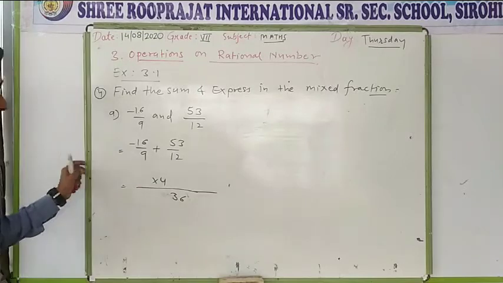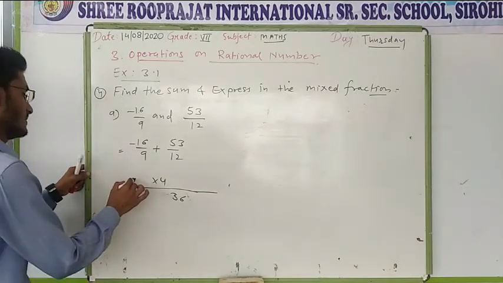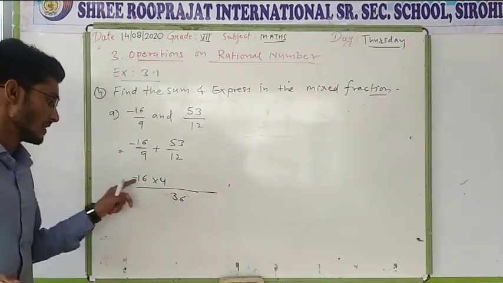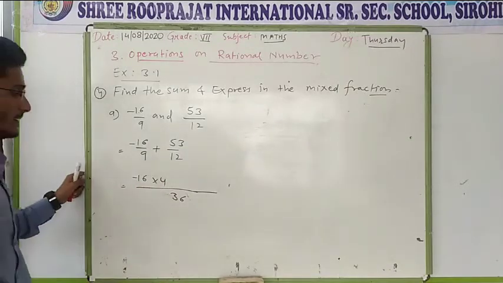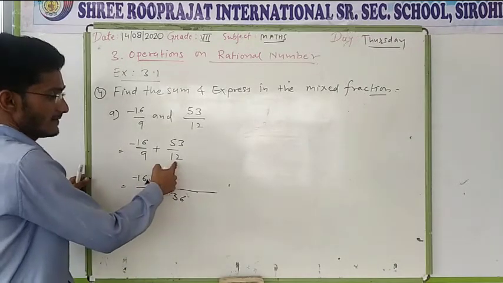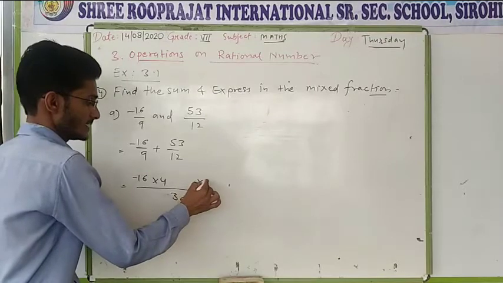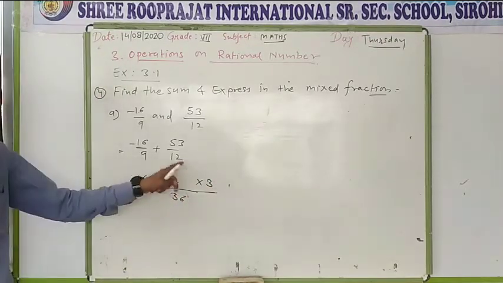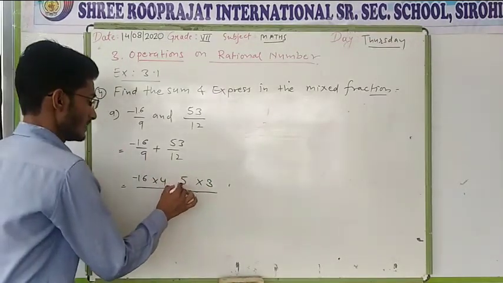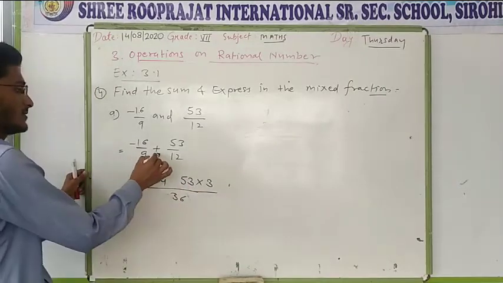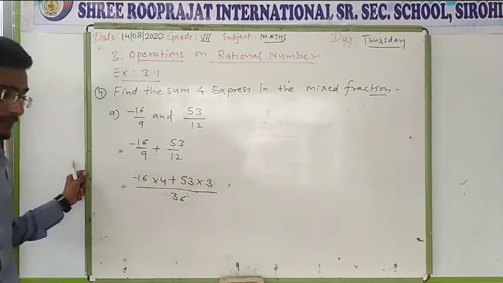And that 4 will be multiplied with the numerator. It is minus 16, so minus 16 multiplied with 4. Next one, 36 divided by 12, how many times? 3 times, and that 3 multiplies with the numerator, that means 53, and in between you have to put the same sign, that means positive.